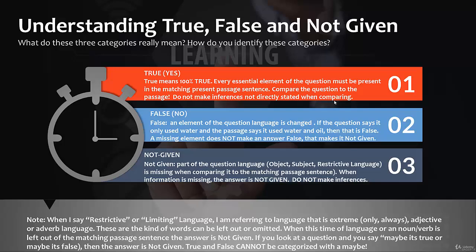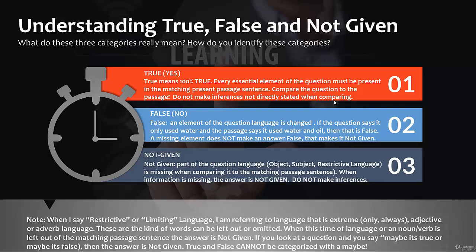False is where something has been changed. False does not mean a missing element, and a lot of students get confused with that. False means that something is different or changed from the question to the matching passage sentence. And then with not given, you have something missing.